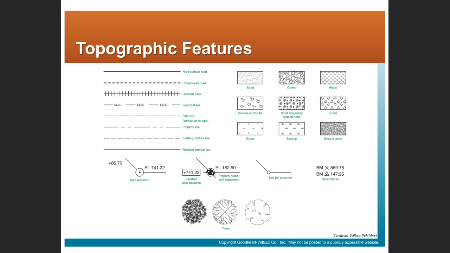This particular guide says pipeline, so we might have an underground pipeline running through our parcel of land, or an electric line, a railroad track, roads. Those are all different things that can be shown on our site plan or plot plan.